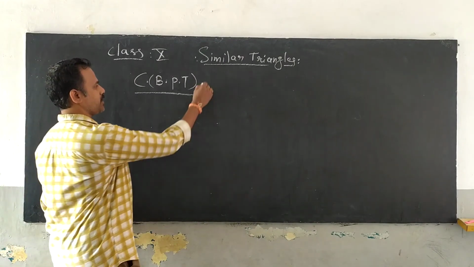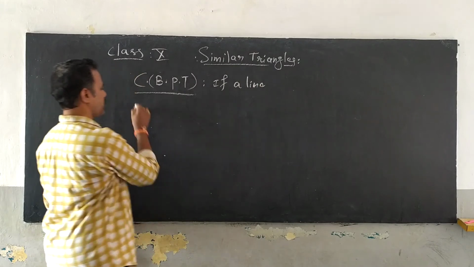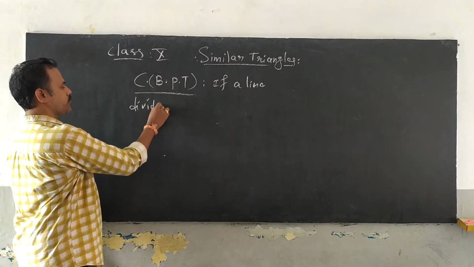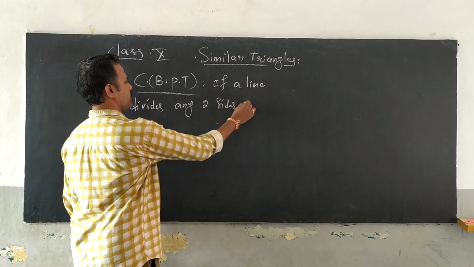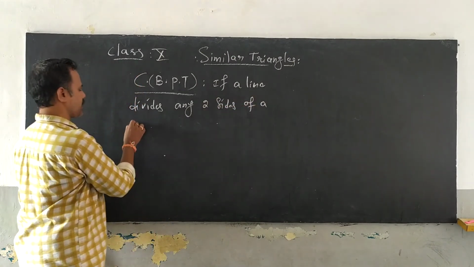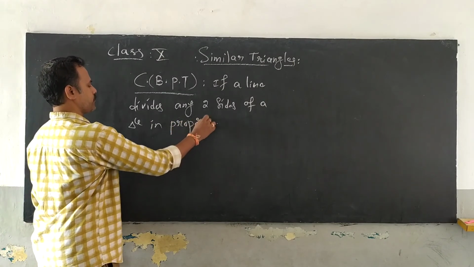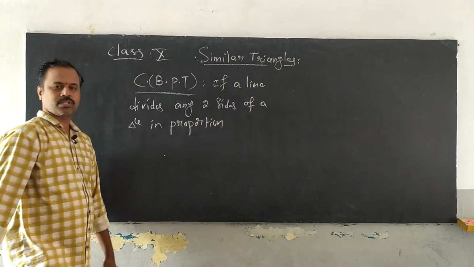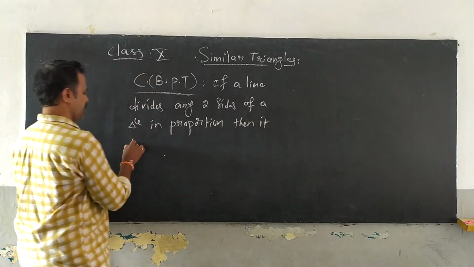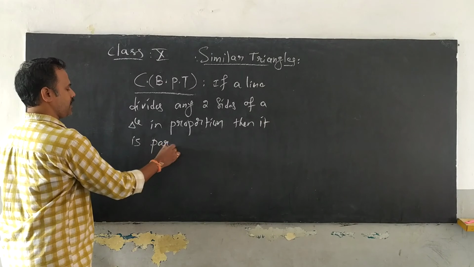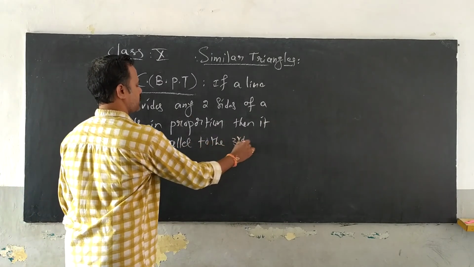The statement here is: if a line divides any two sides of a triangle in proportion, then it is parallel to the third side.